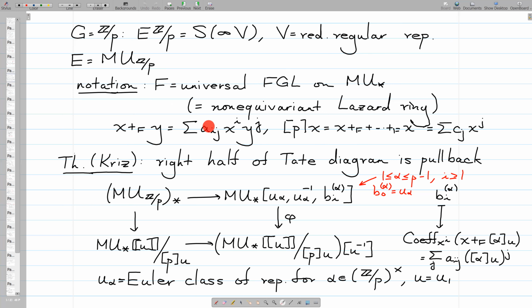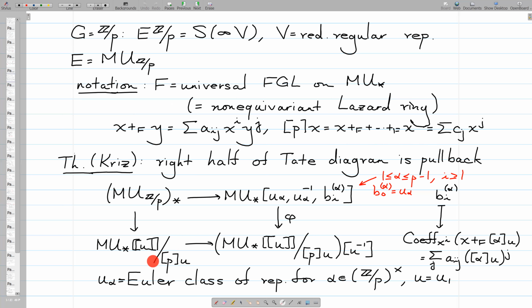I'll call its coefficients a_ij's. These a_ij's are elements of the non-equivariant mu star. And the p-series is just x plus_F with itself, p copies of x. So it turns out the p-series of U, a power series in U, is quotiented out in the Borel cohomology.